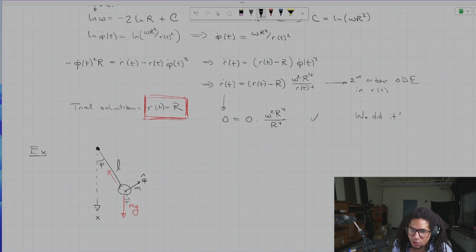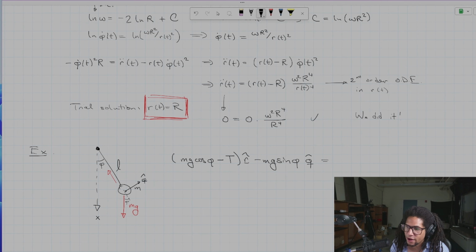All right, so let's write our equations now. In the r direction, we're going to have mg cos phi minus the force of tension. And then in our phi direction, we're going to have minus mg sine phi phi hat. Good. Everything here depends on t. I'm just not writing it in for the time being.